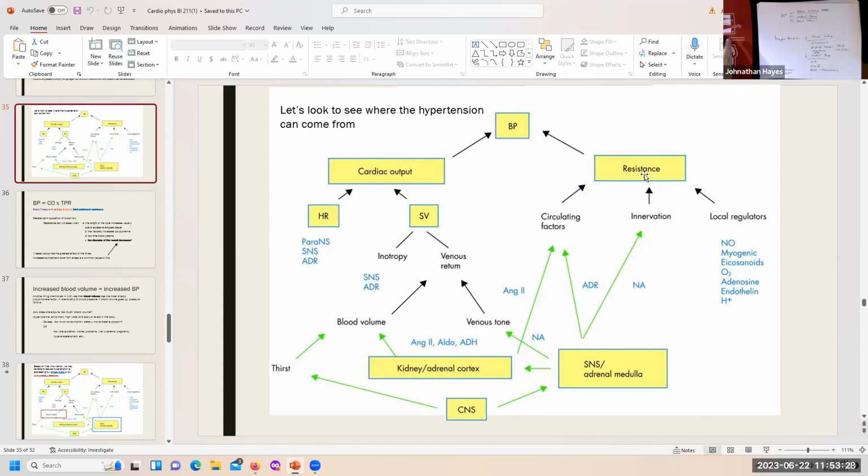So if I'm increasing resistance, that's going to increase blood pressure. If I'm increasing my heart action, that's going to increase blood pressure. So one way we could take down blood pressure is by relieving some of the things that naturally resist, like vessel tone. If I get rid of some of the tone, which makes vessels too hard, that's going to lessen the blood pressure. But what if my blood pressure's too low?